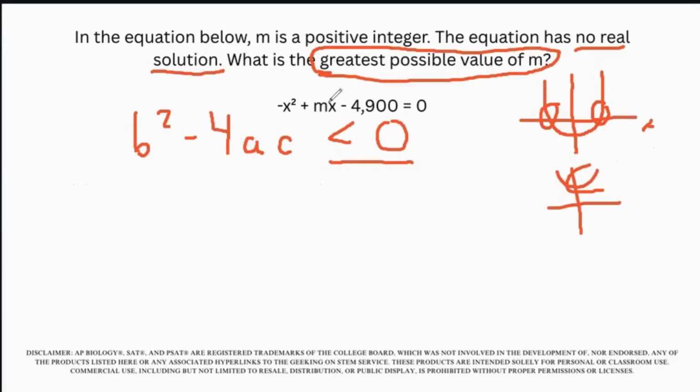So let's tackle what our values are, noting that the highest exponent is x squared, then you have x, and then you have your number here. So in order for us to distinguish, a is -1, b is m, right? So we have -1 because we have negative in front of x squared.